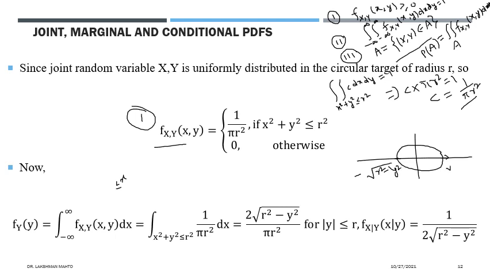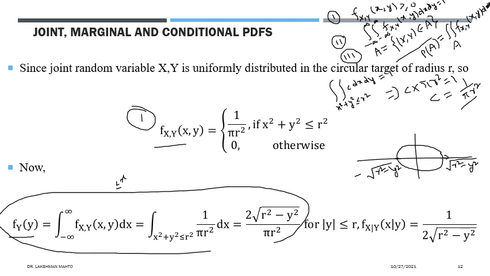The exit point is positive square root of r square minus y square. So that's how you get the marginal density of y: twice the square root of r square minus y square divided by pi r square. This is the marginal density of y.